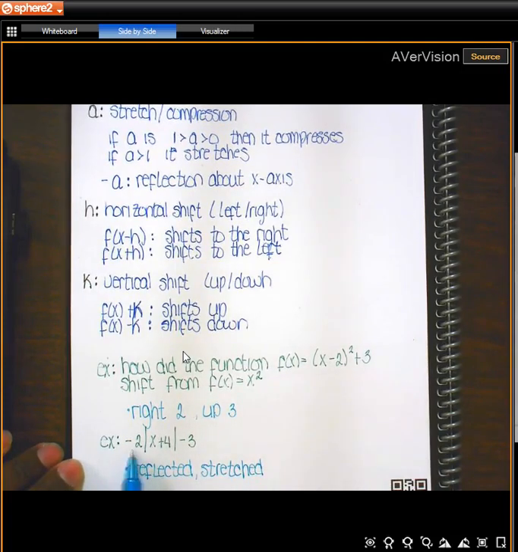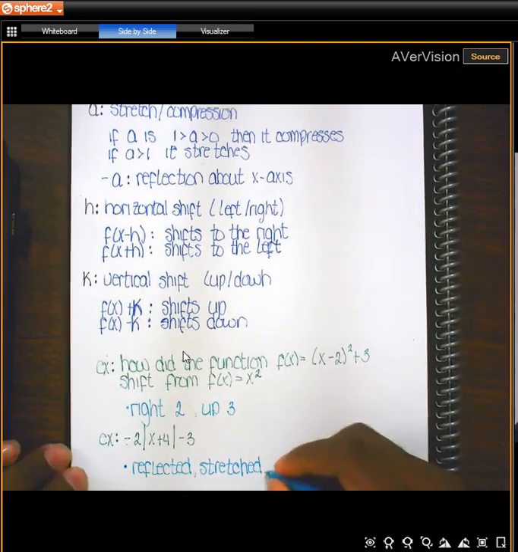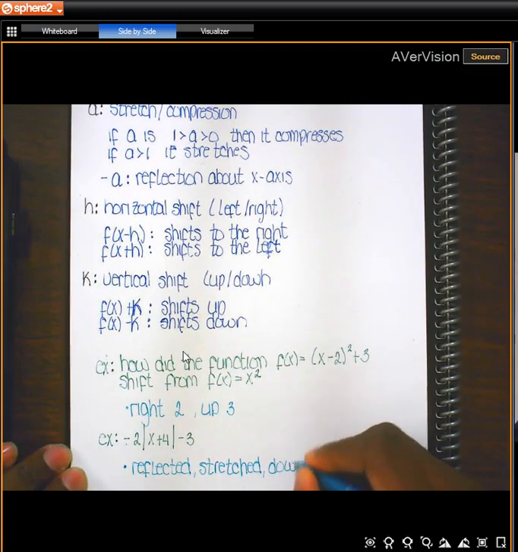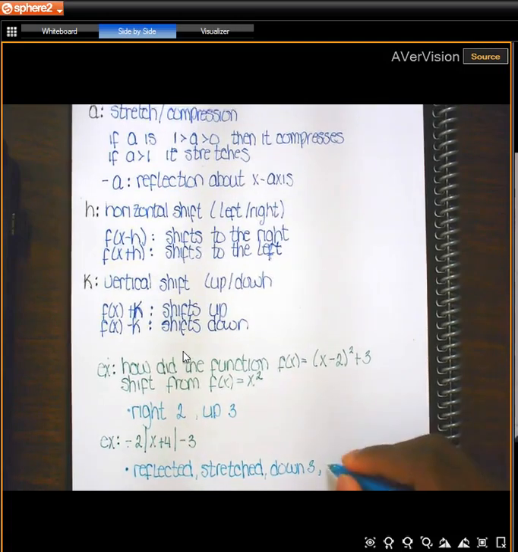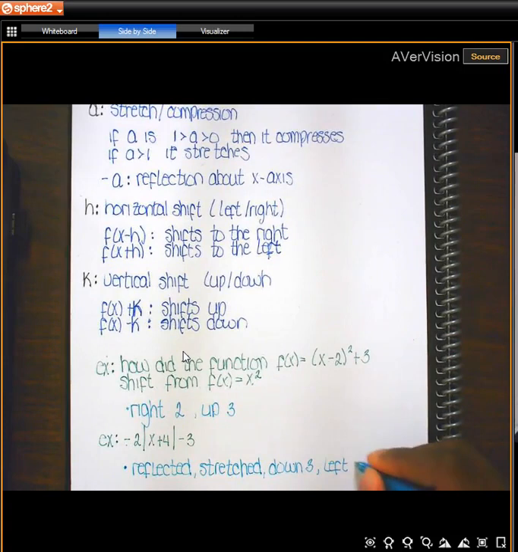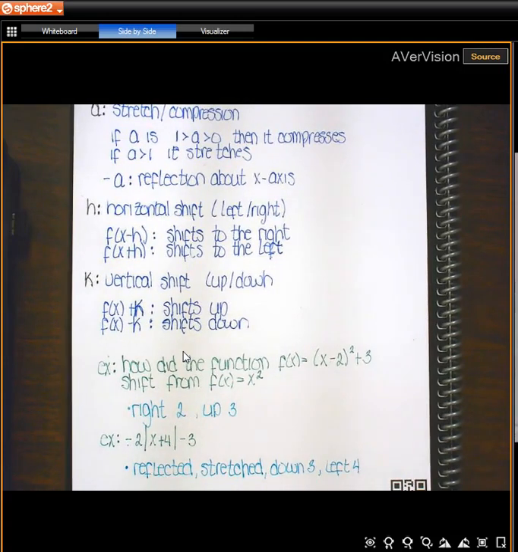So when we're looking at this, we look at them separately. The negative does one thing, and then the 2 does another thing. What else? Yep. Good.